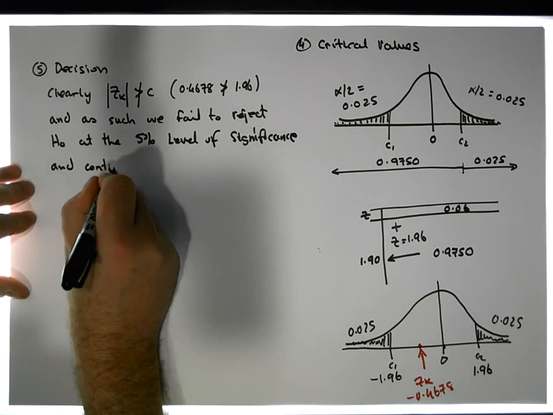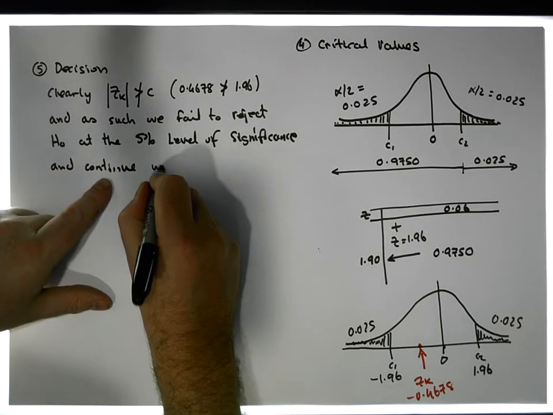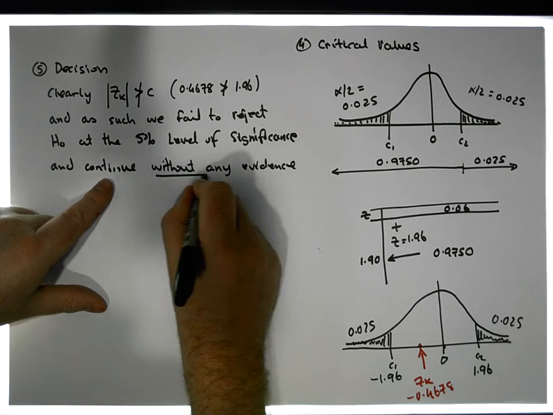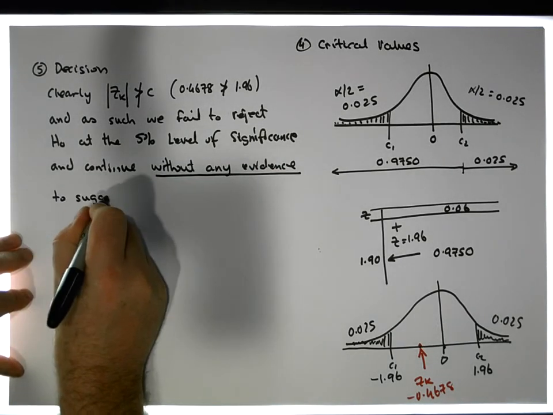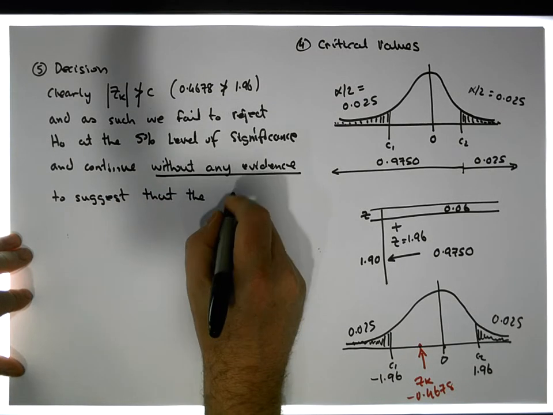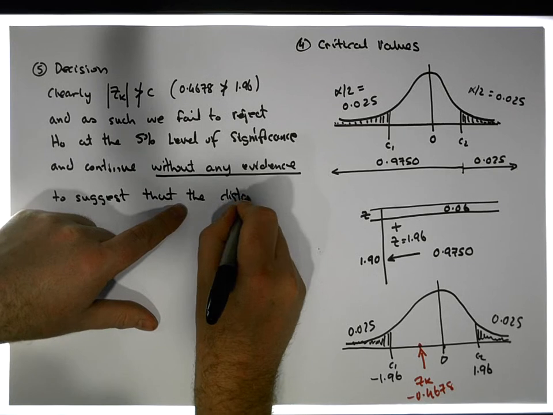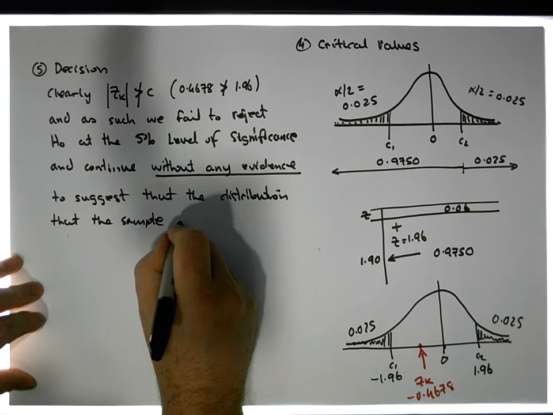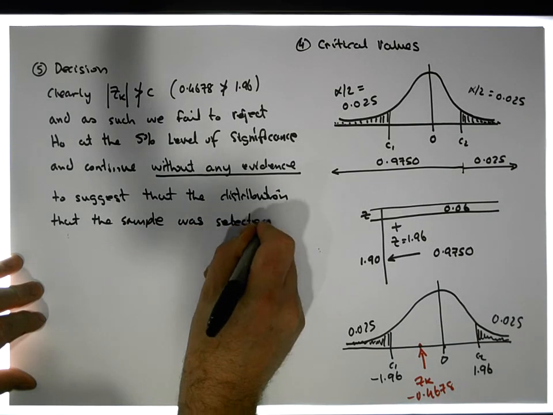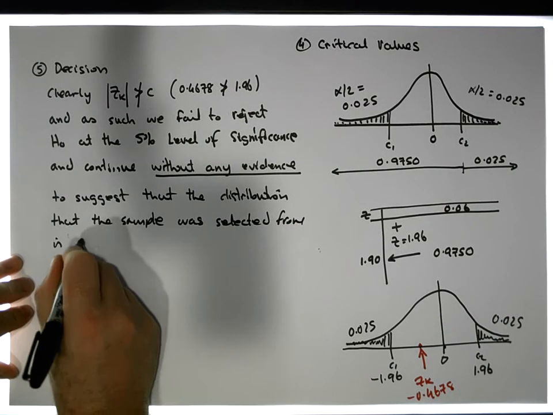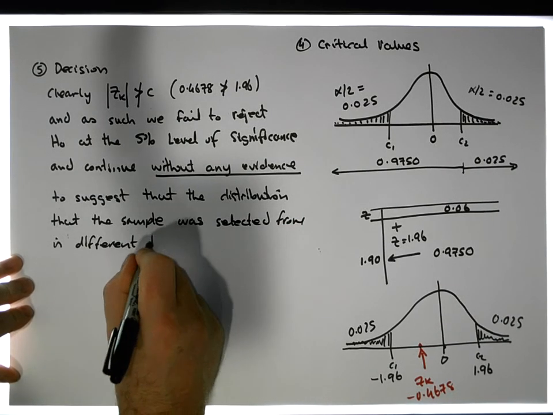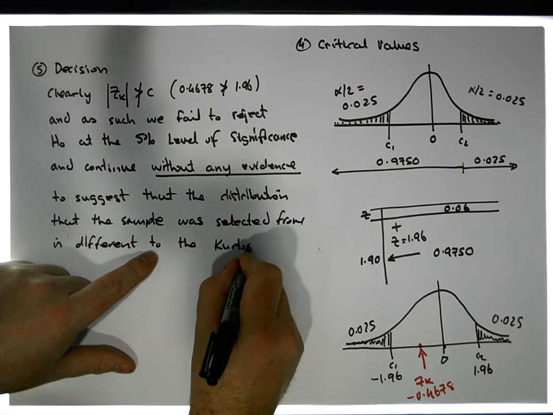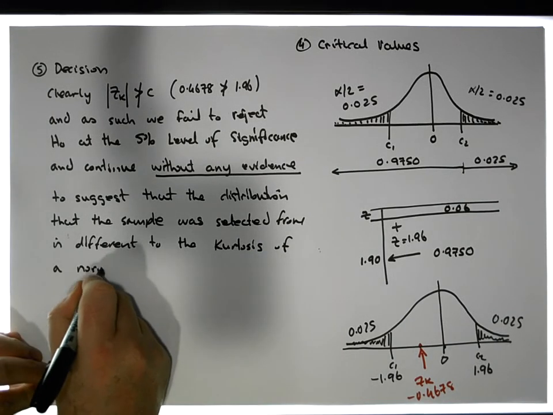Without any evidence to suggest that the distribution the sample was selected from is different to the skewness or the kurtosis of a normal distribution.